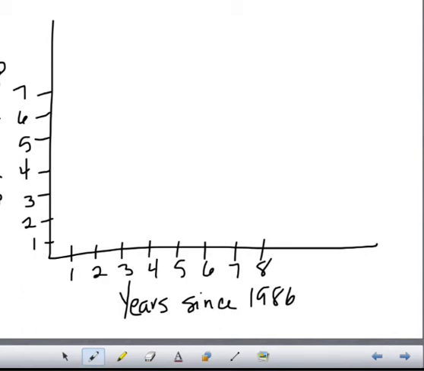So what happens? What is my equation? Remember, my equation is D equals 0.15N plus 3. Okay? So what do I know? Where am I starting? If I'm starting at 0 years, I'm going to be at 3 million. Okay, putting that in for my years, my N in for years.